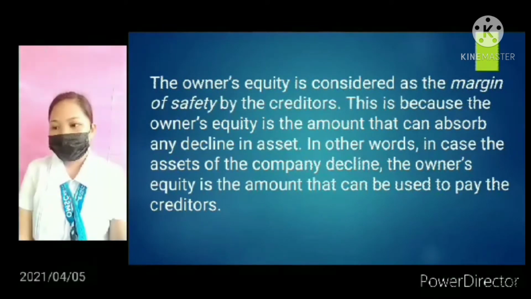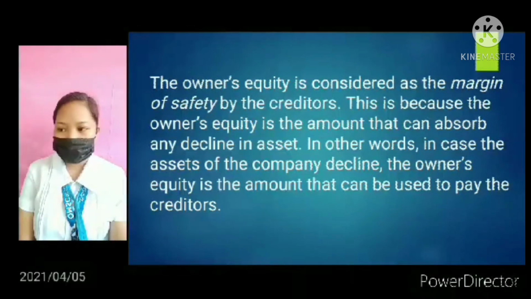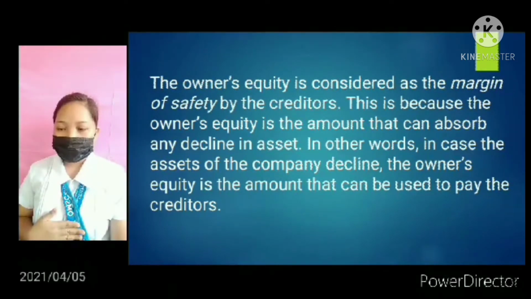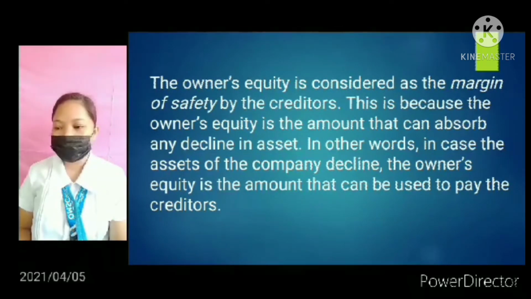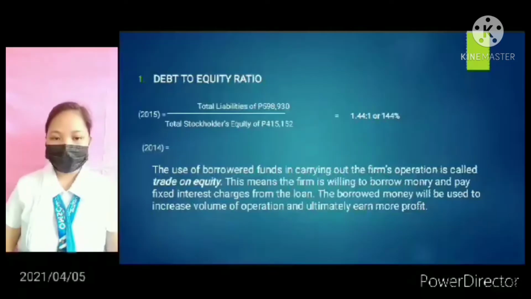The owner's equity is considered as the margin of safety by the creditors. This is because the owner's equity is the amount that can absorb any decline in assets. In other words, in case the assets of the company decline, the owner's equity is the amount that can be used to pay the creditors.